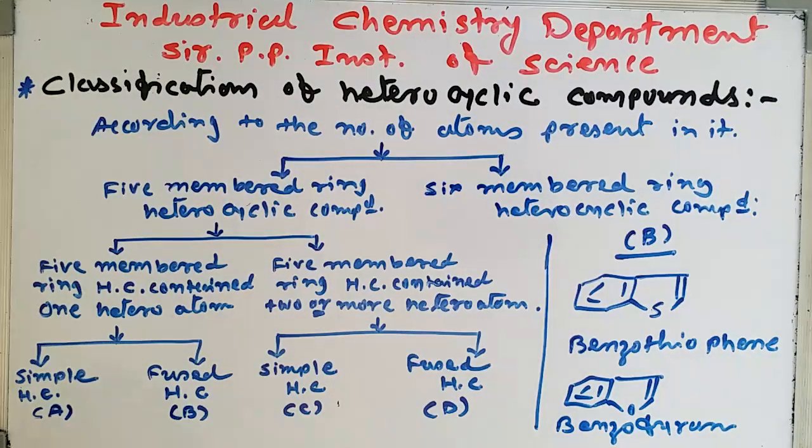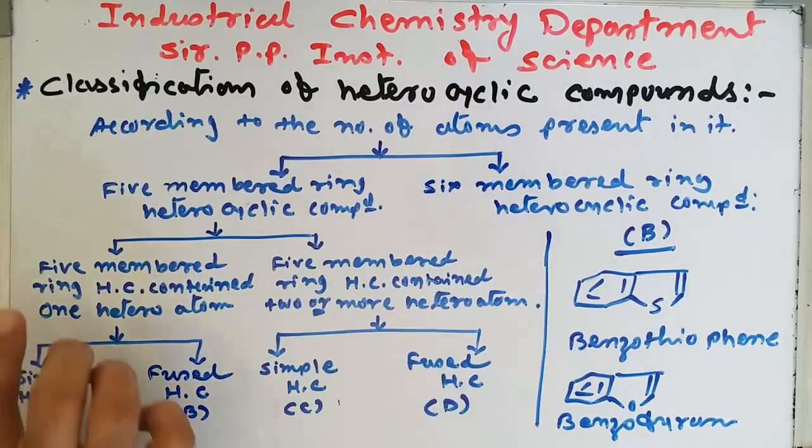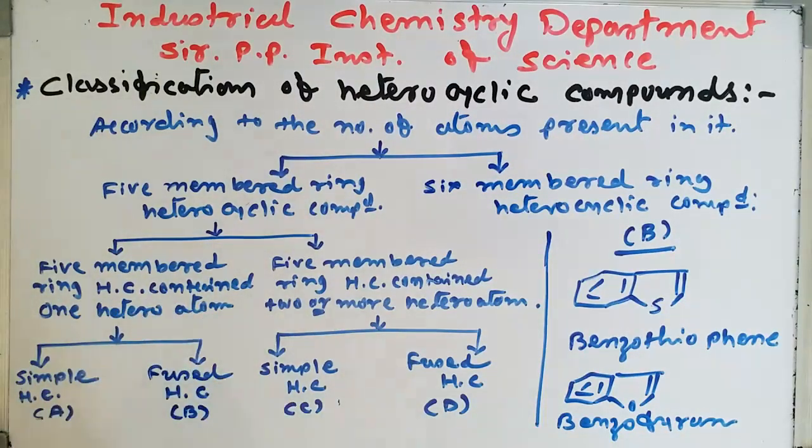So, benzopyrrole or indole, benzothiophene, benzofuran are examples of fused 5-member heterocyclic ring containing one heteroatom. So here we have completed our first two portions A and B.